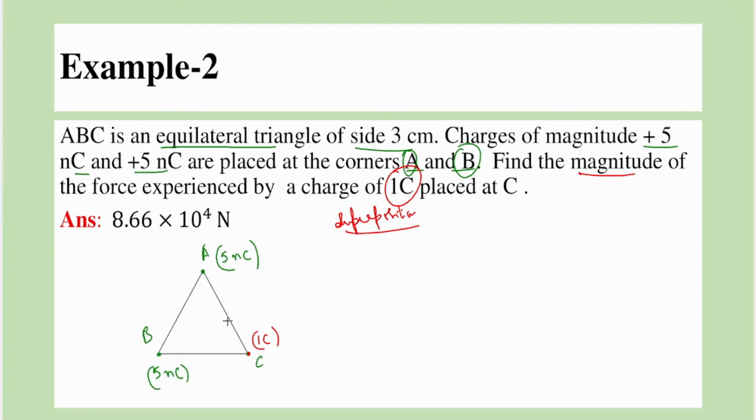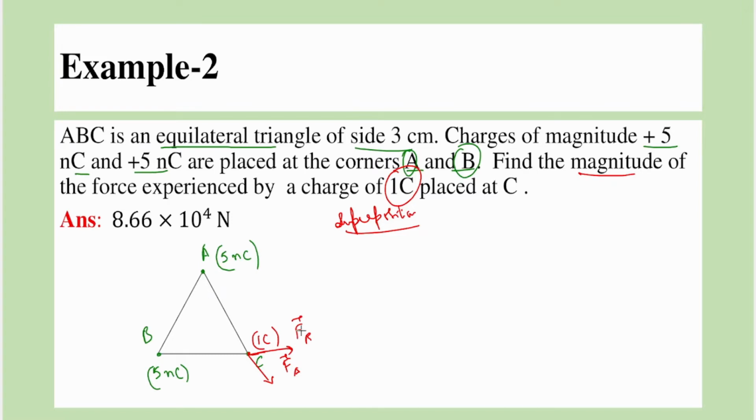So A will push C away. So the force which A exerts on C would be along this direction. We call that F suffix A. And also, charges kept at point B and C have the same polarity. Even this will push it away. We'll call this F suffix B.